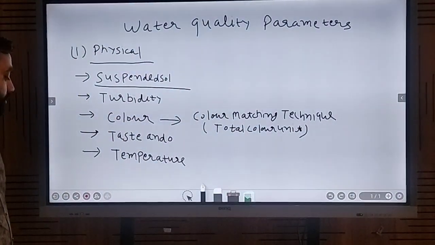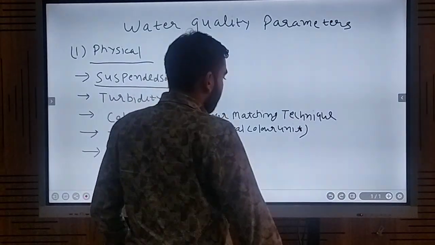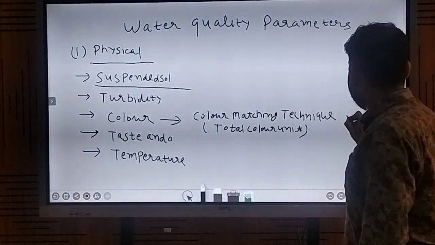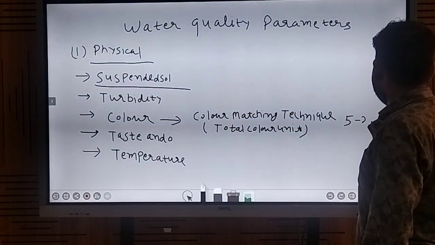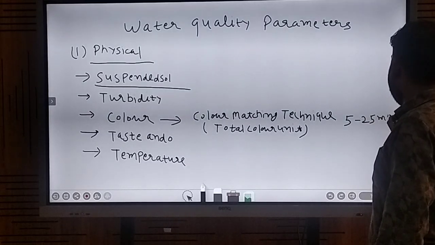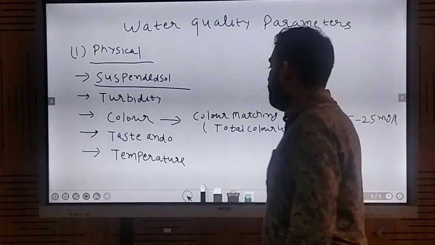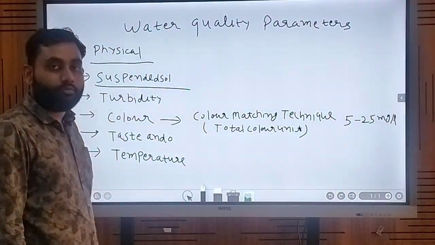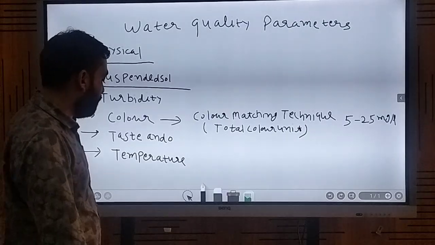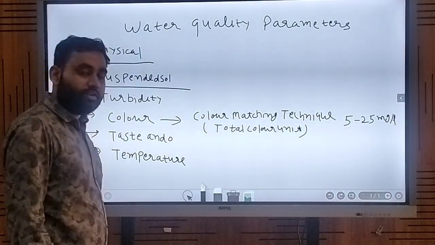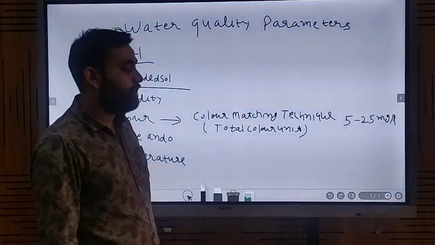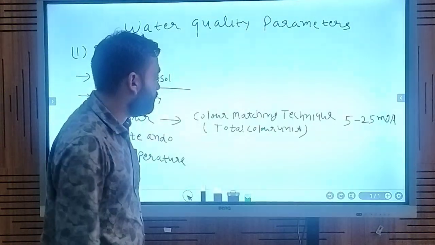Limit of color is 5 to 25 milligram per liter. So we have seen again a physical water quality parameter, which is color. We have seen how to measure it, the causes of color, and the limit of color.